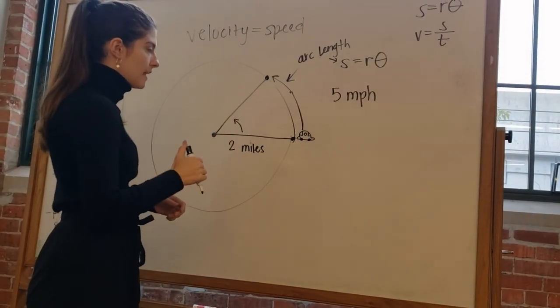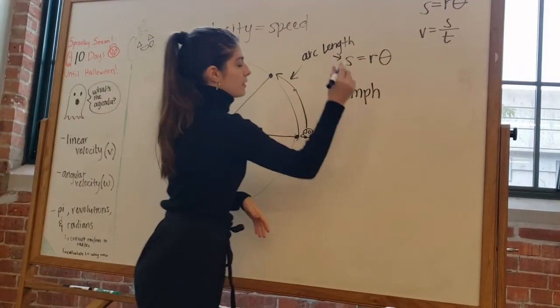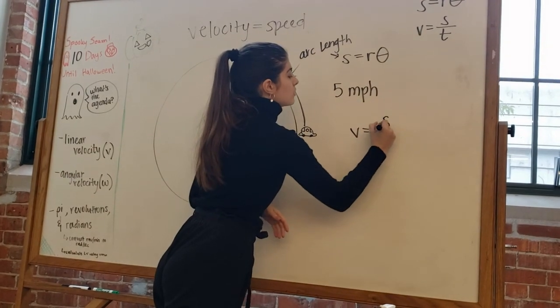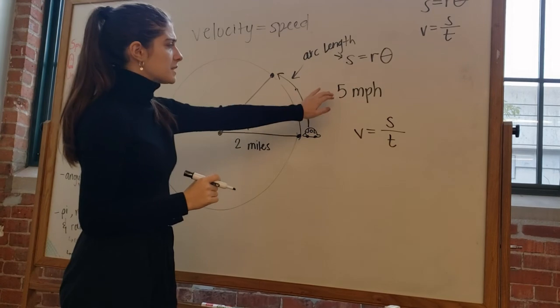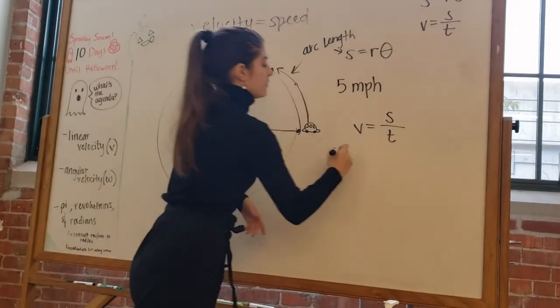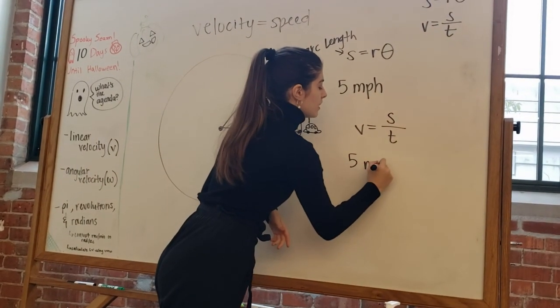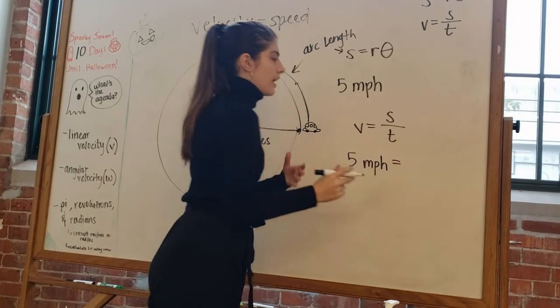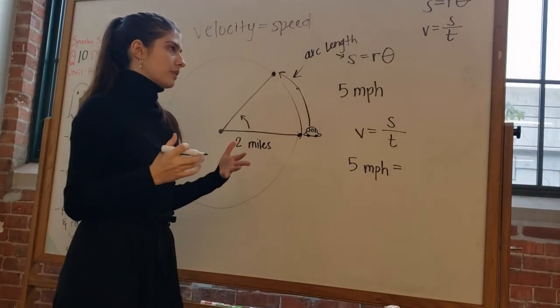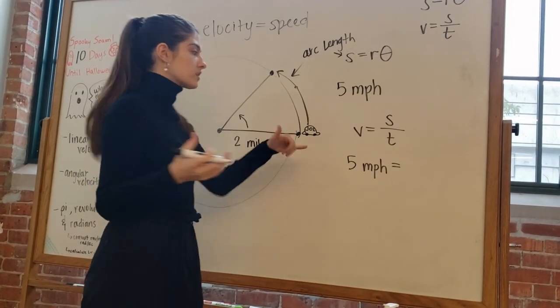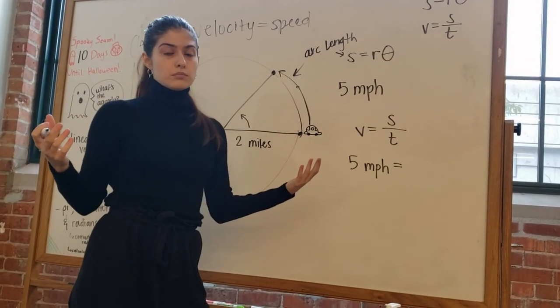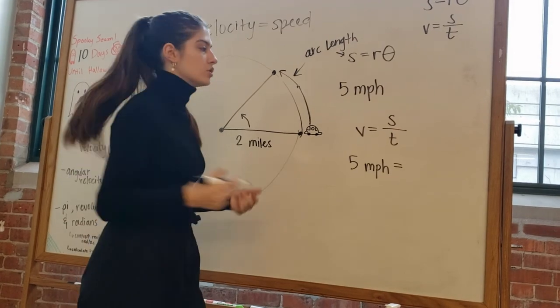So, if our speed equals S over T, and our speed is 5 miles per hour, so 5 mph, if I ask you how far did this car move in 3 hours, this is what you would do.